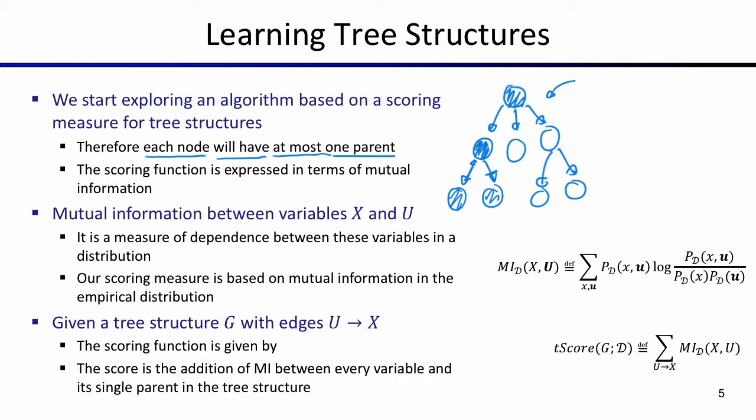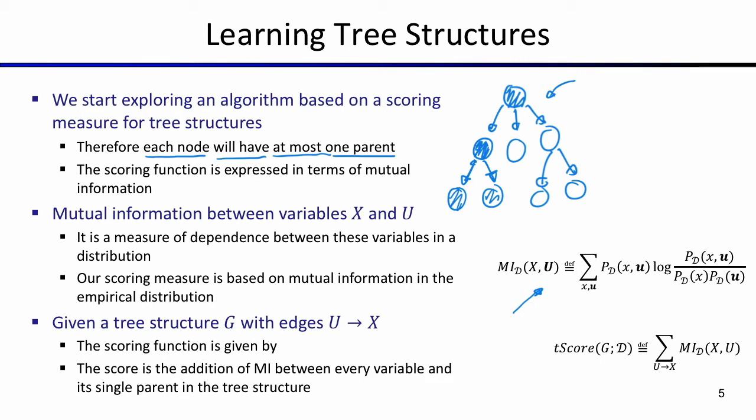And we're going to use a scoring function, the mutual information. We have seen mutual information a few times before. It has this equation here, and we can understand it as a measure of dependency between two variables. Using the mutual information does make sense if you think about the Bayesian network as a graph that expresses the dependencies between the variables. So remember that when we have the variables connected, they are dependent.